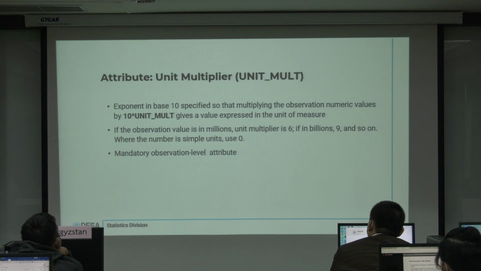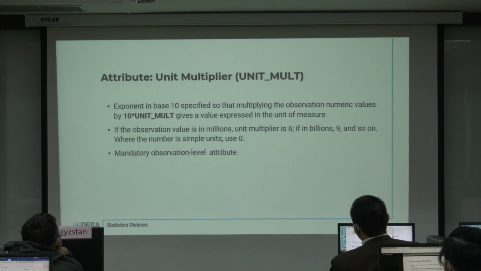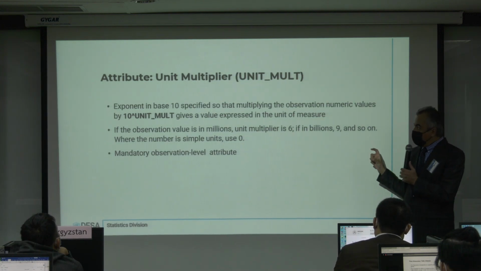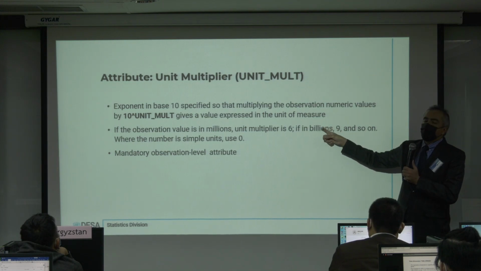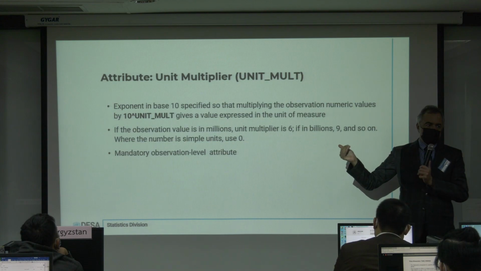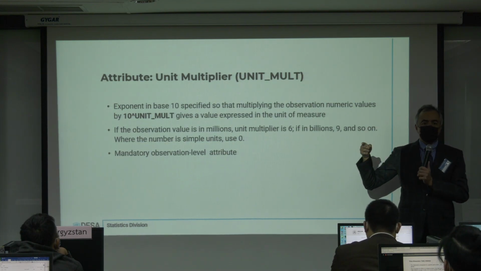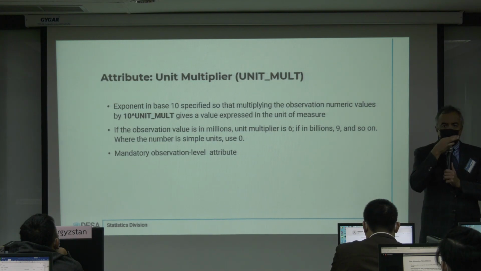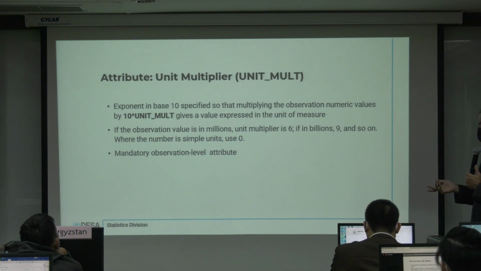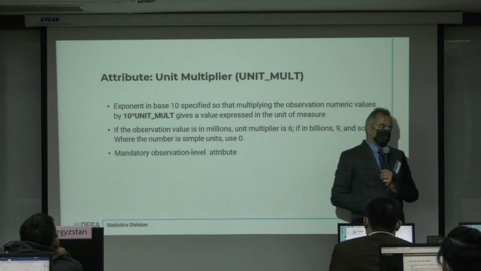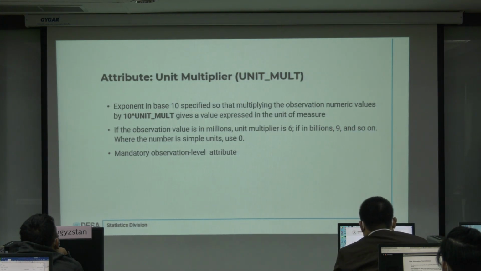Unit multiplier, we've talked about that. Again, the thing to remember about unit multiplier is this is the exponent of 10. So you use 0 for number in simple units, because 10 to the power of 0 is 1. You use 2 for hundreds, if you have that, 3 for thousands, 6 for millions, 9 for billions, and so on.